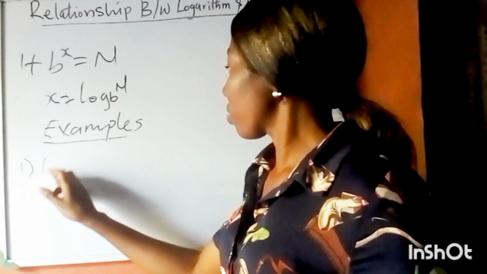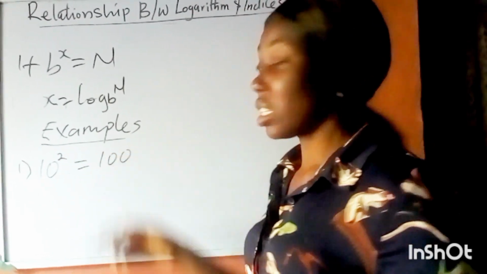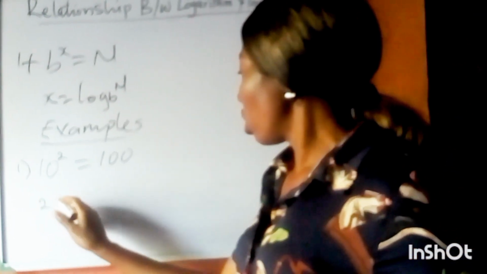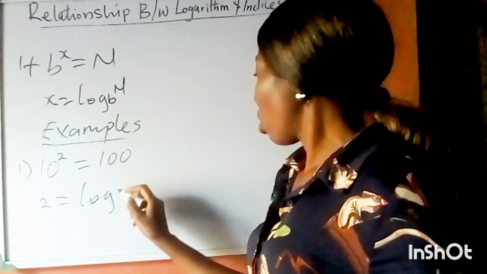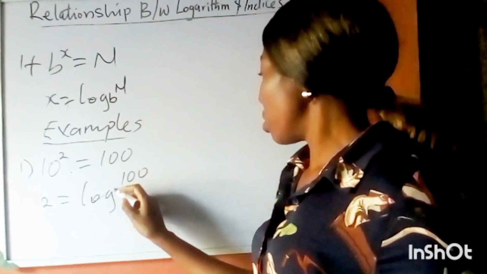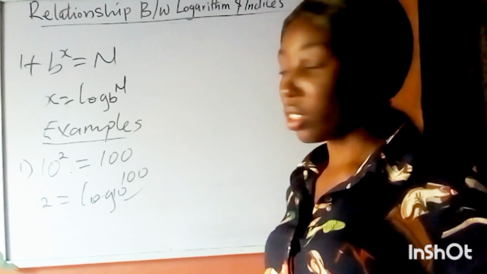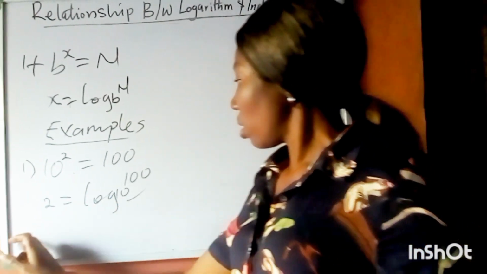So assuming we have 10 power 2 equals 100. This is indices. How do we write it as a log? We have that 2 equals, this 2 will come down, equals log 100 in base 10. So this is it in logarithm. This is indices, while this is logarithm.